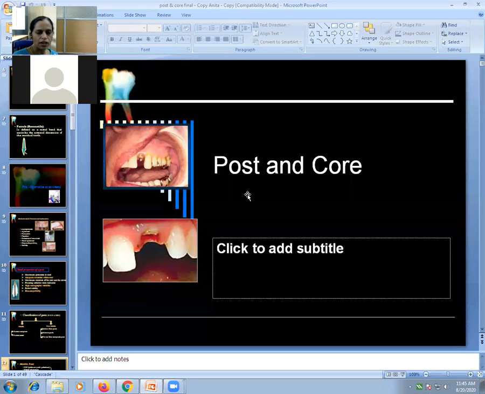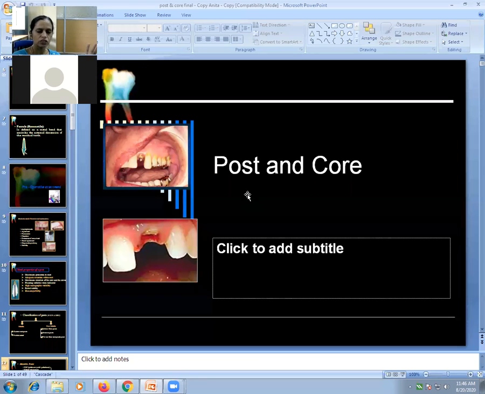So the retention factor will be overcome to some extent, and the stresses are less in case of conical. On the other hand, if the root length is more than sufficient, we choose a parallel post. The surrounding root dentin will be more and there will be less chances of root fracture, isn't it? So according to the condition we have to choose the post.